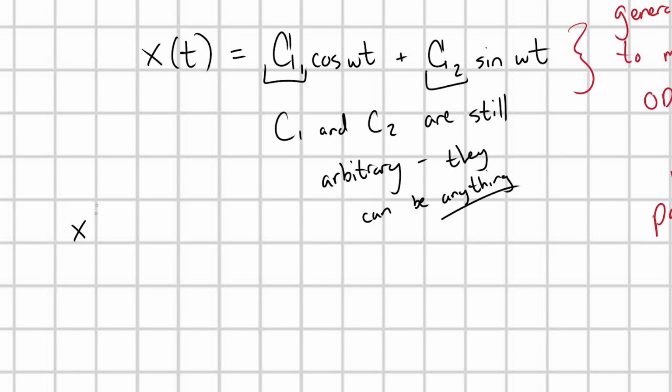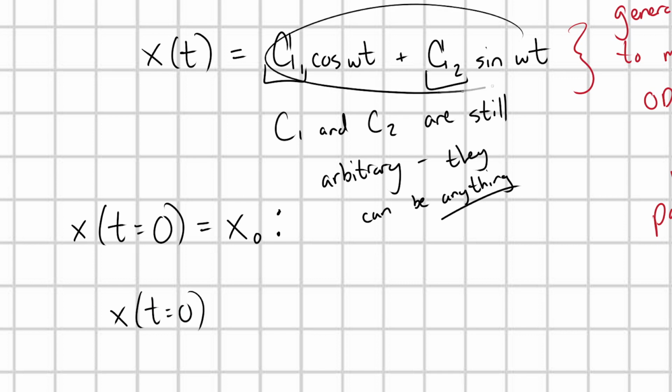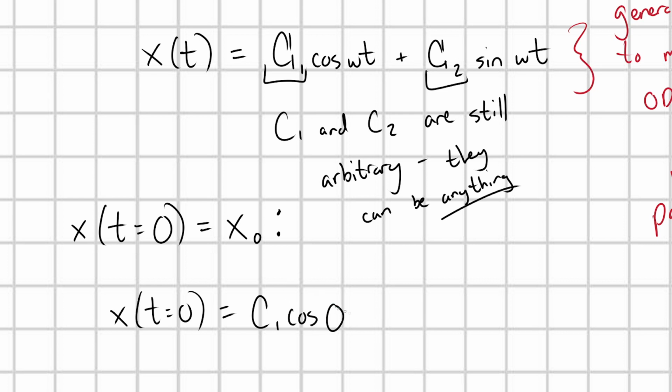So my position at time t equals 0 is equal to x naught. Let's start with this. So x at t equals 0. And now I'm just going to plug in t equals 0 in this equation, right? So this is c1 cosine 0 plus c2 sine 0. Sine 0 is just 0.